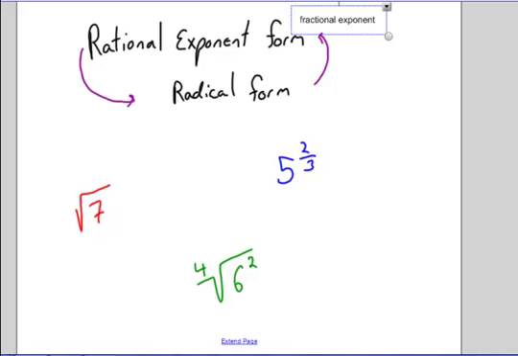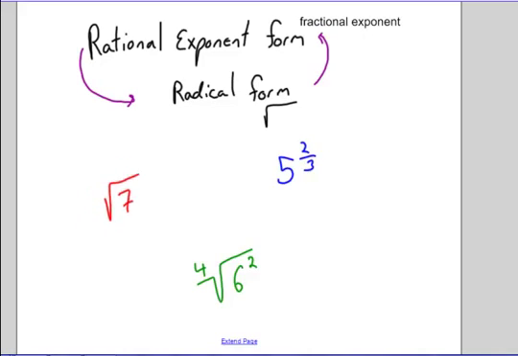And then radical form, well, when you think of radical form, just think of a radical sign, like radical notation. Now, one thing that you might not have known is, let's look down here at this square root of 7. Square root of 7, well, we use square roots so much that we leave out this little part, but a square root actually has a little 2 right there.